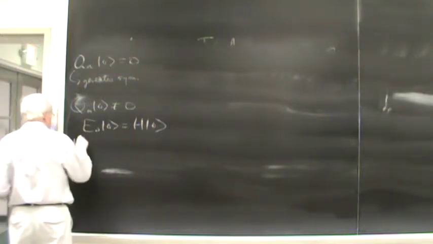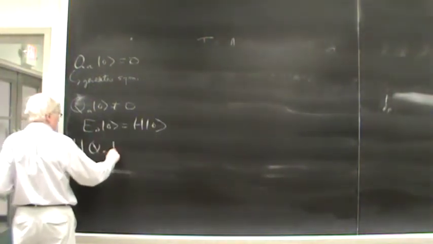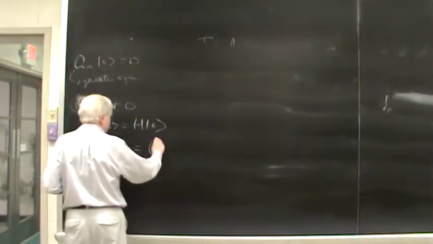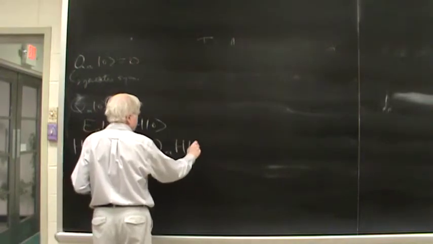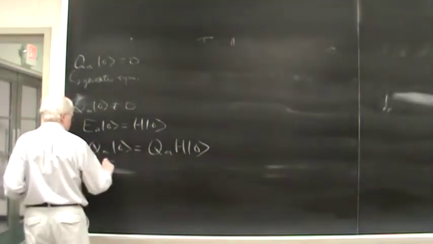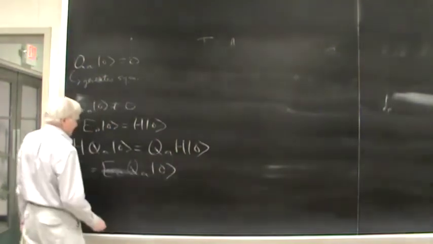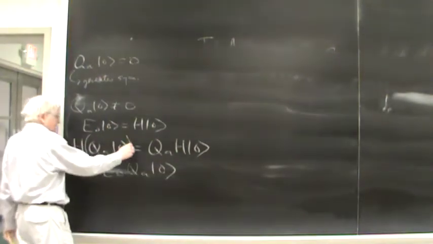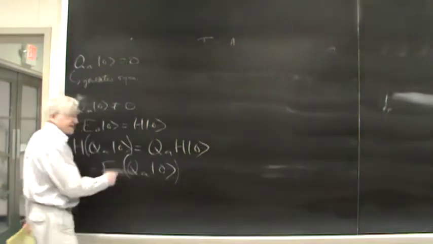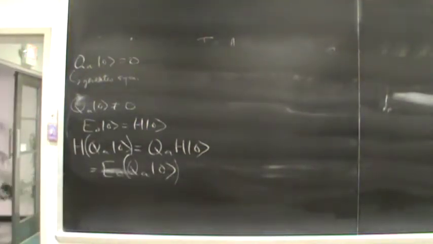Well, then the Hamiltonian acting on Q^A on 0 is the same thing as Q^A Hamiltonian acting on 0. That's E0 Q^A on 0. So that means that this state Q^A on 0 is a state that has the same energy as the vacuum.